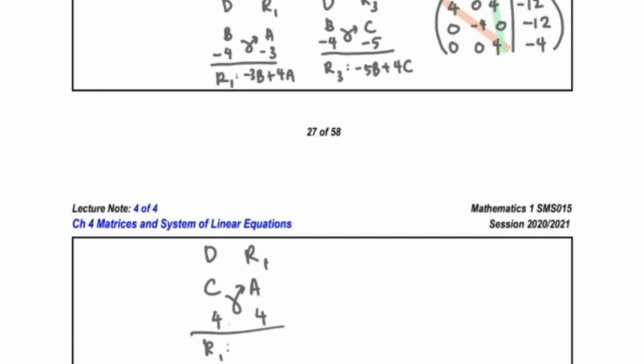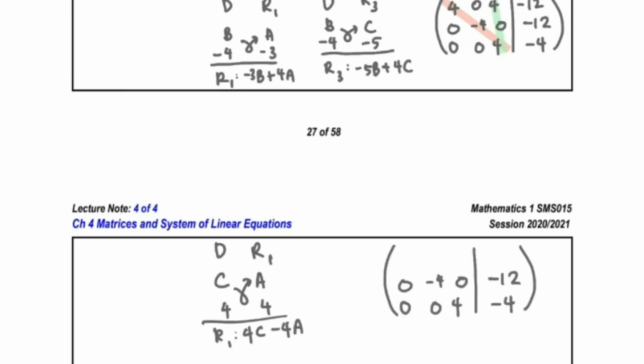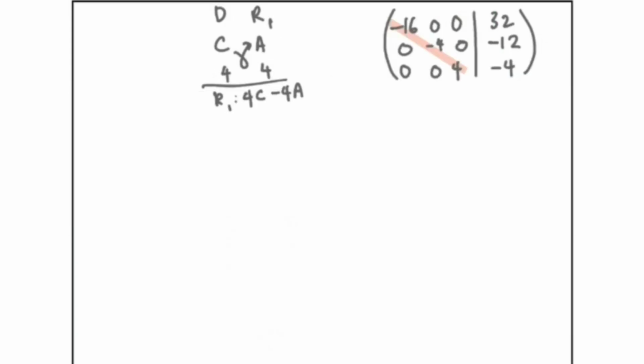So row pertama akan jadi 4C tolak 4A. Untuk row yang tak berubah, row pertama, row kedua dan row ketiga saya salin siap-siap. Okay, kita kira untuk row pertama dapat negatif 16, kosong, kosong, 32.